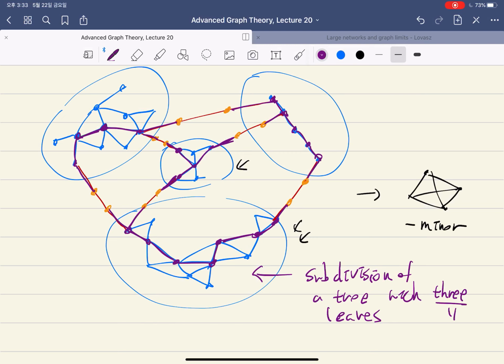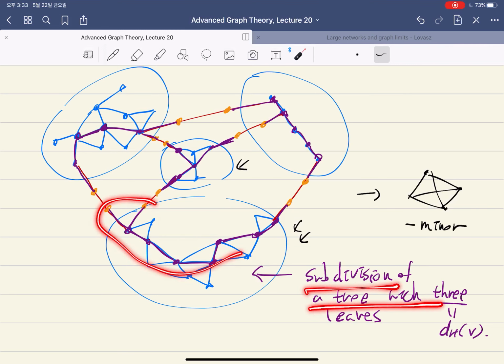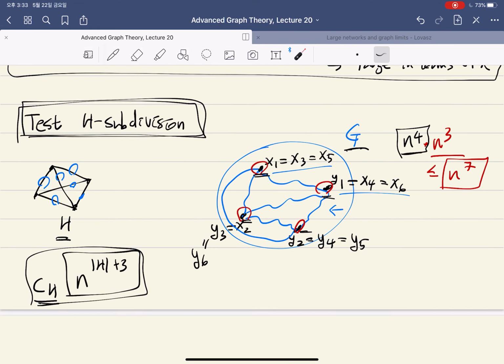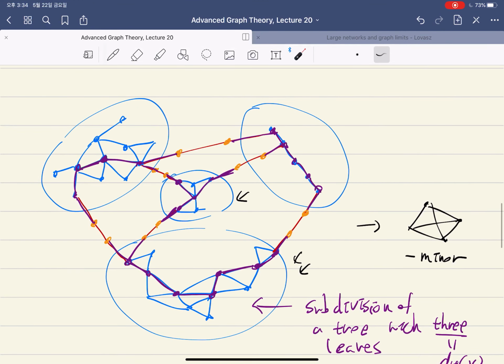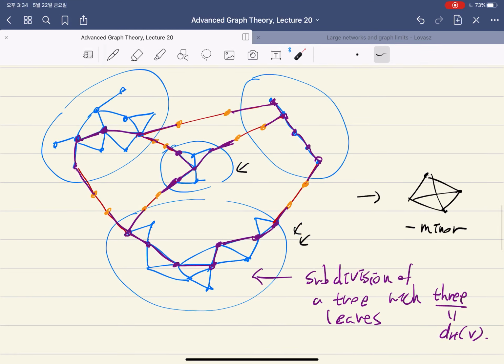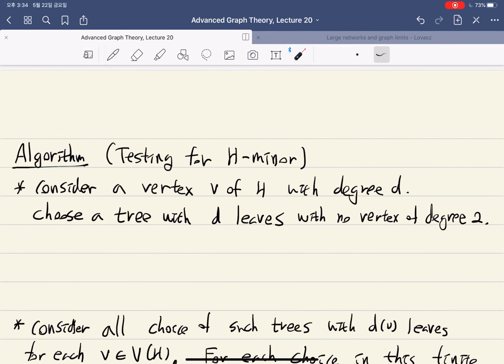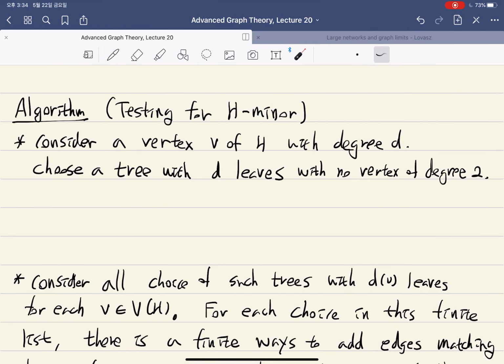So this 3 is actually the degree of some vertex in H. So this gives us that we don't have to consider all branch sets, but we only have to consider the branch set which is a subdivision of a tree with exactly 3 leaves. But again, we are better equipped with testing this subdivision. So that gives us the motivation for designing this algorithm for testing H minors.